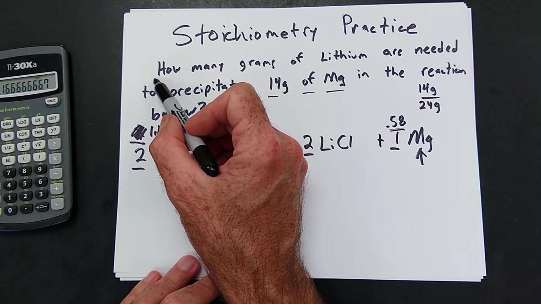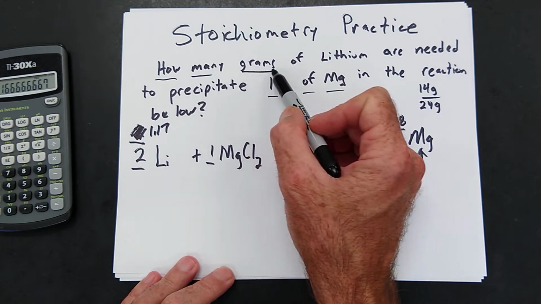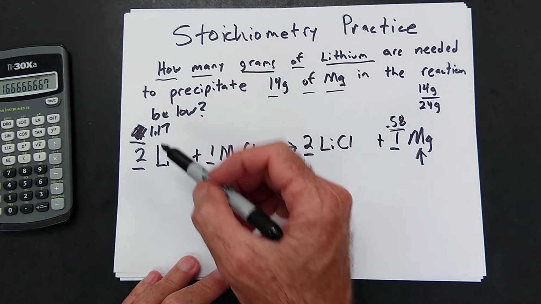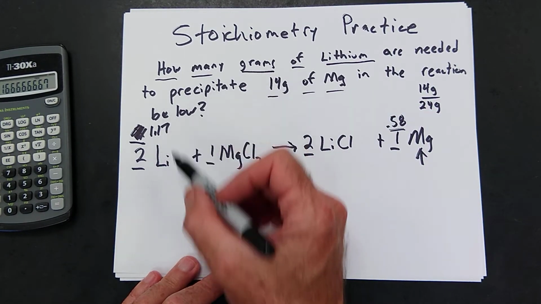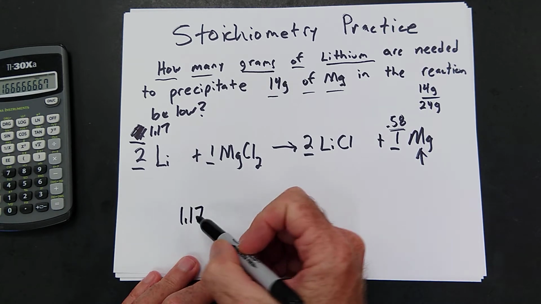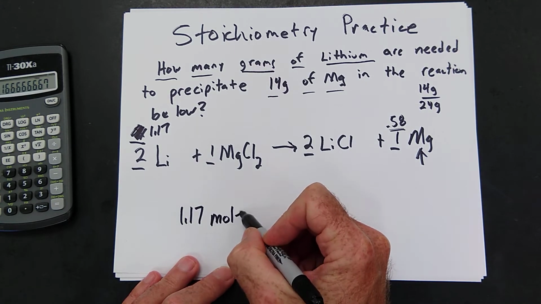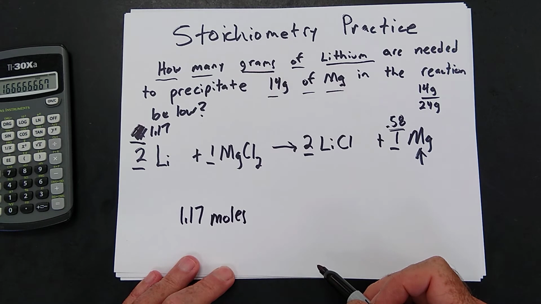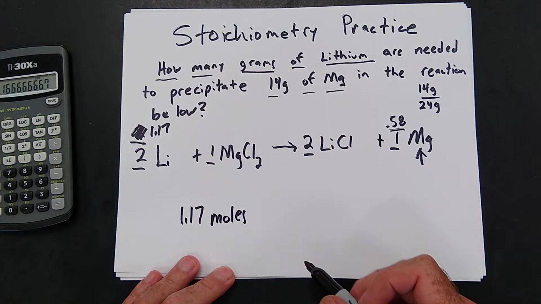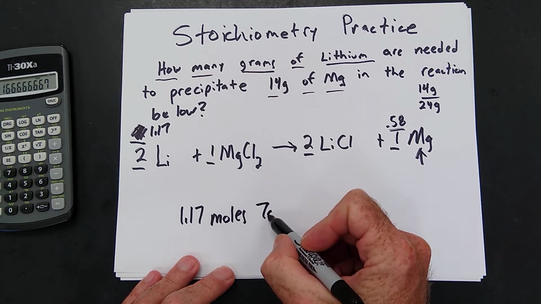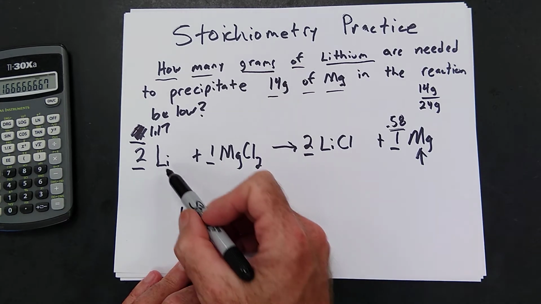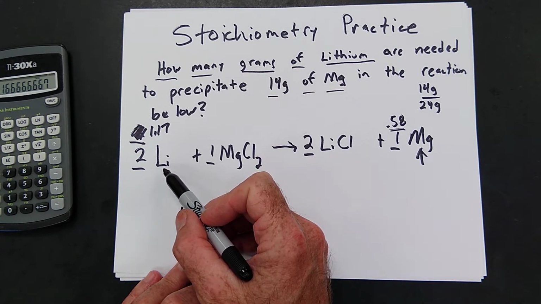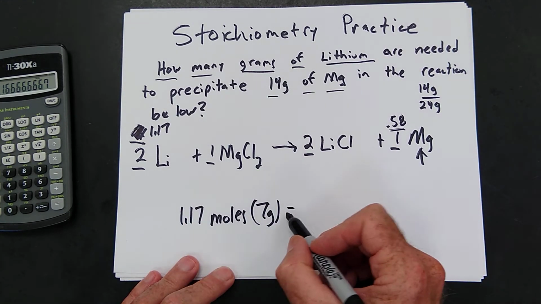But the question says how many grams of lithium? So we have 1.17 moles of lithium. How are we going to transfer that into grams of lithium? That's right, we're going to multiply it by 7 grams because the mass of lithium is 7 grams per mole.